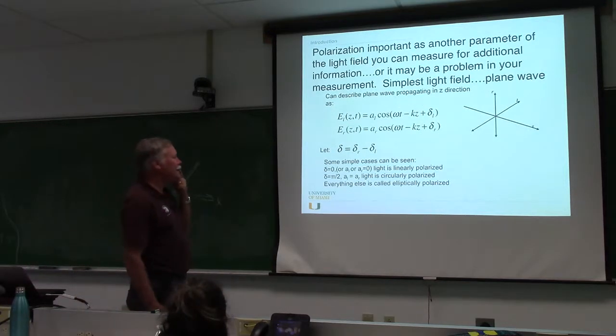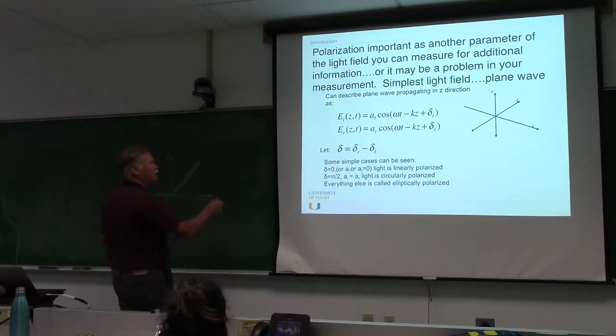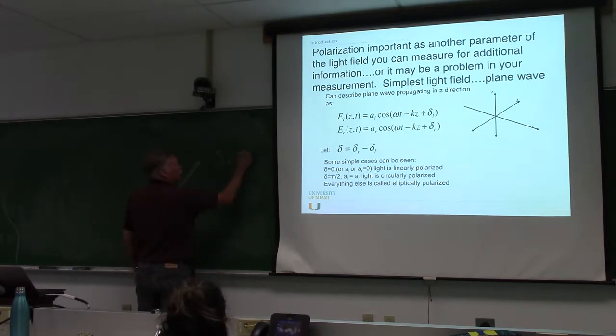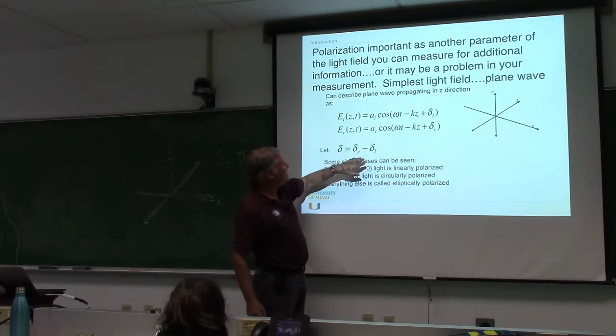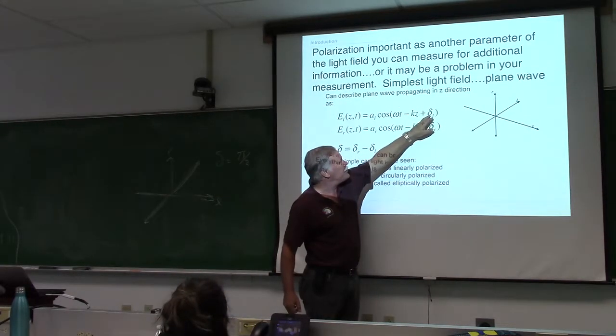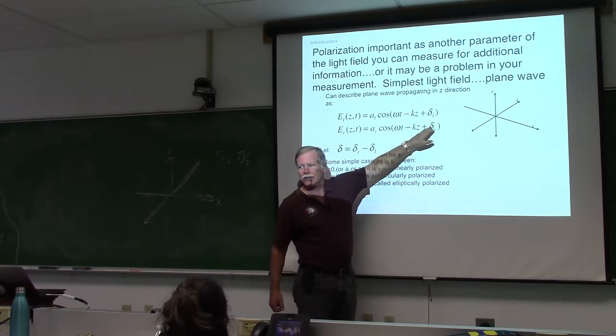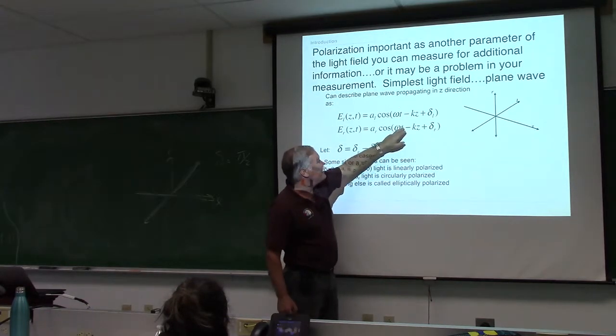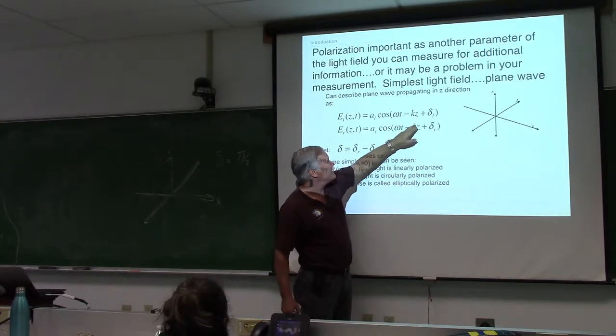What happens if we have delta equal to pi over 2? All right, so let's see. We'll have delta 0 here, and this is pi over 2. We're looking at one position, z equals 0.